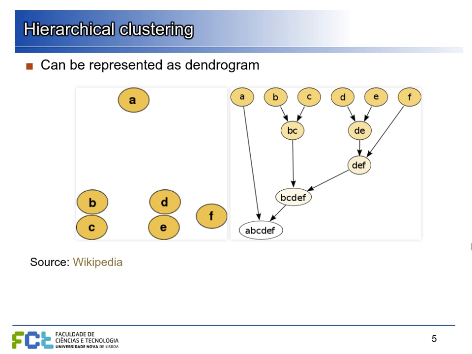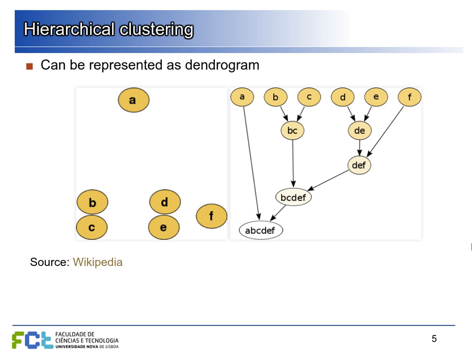We can represent hierarchical clustering as a dendrogram, this tree-like diagram, where we represent on the branches the different groups that we are making. For example, suppose that we have these examples, and we find that B and C and D and E are very close together. So we can represent this as joining together B and C into the BC group, and then D and E into the DE group.